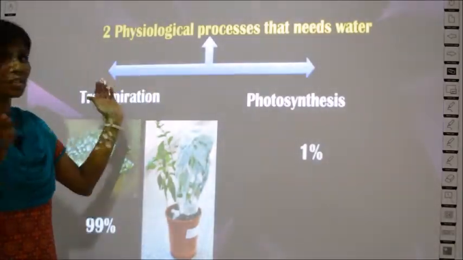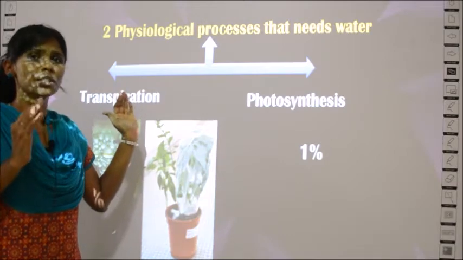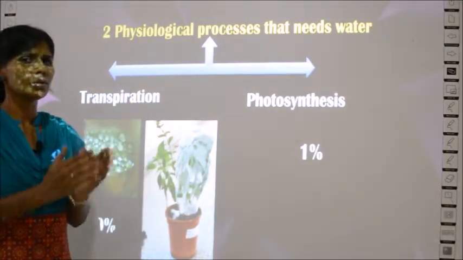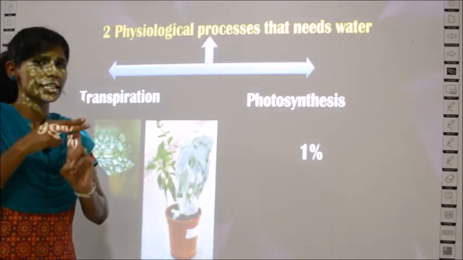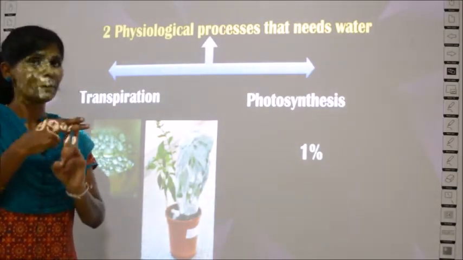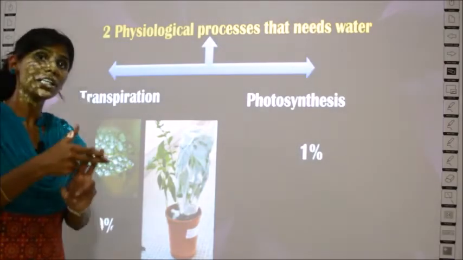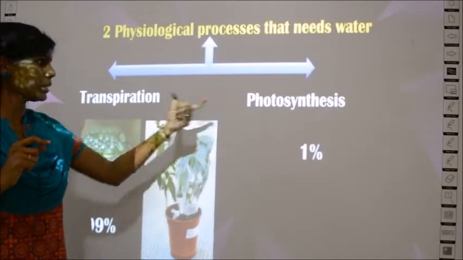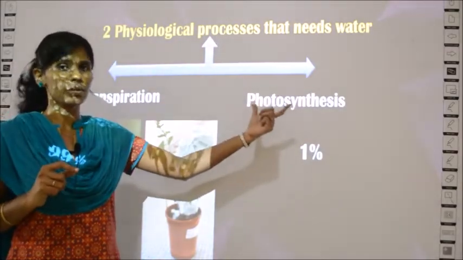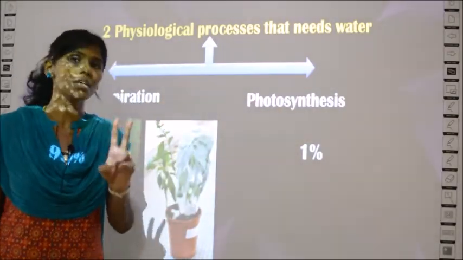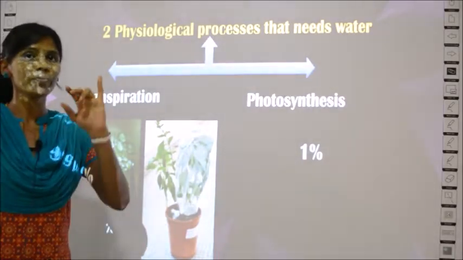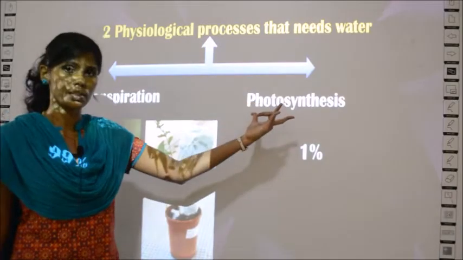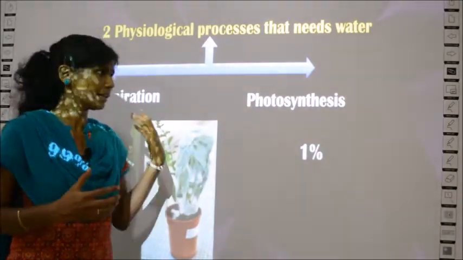So what is transpiration? It is a physiological process in a plant. Transportation is movement. Now we are studying two important physiological processes in a plant that need water. The first process is transpiration, the second is photosynthesis.